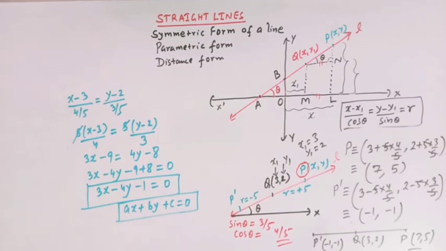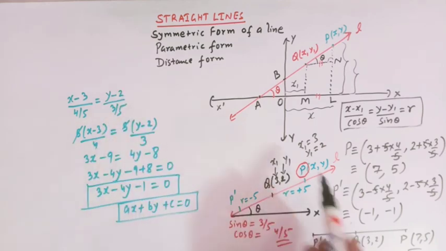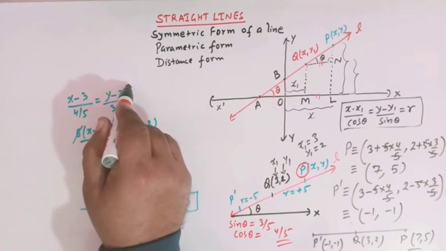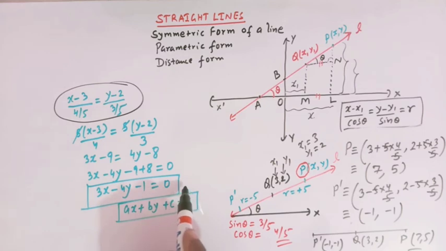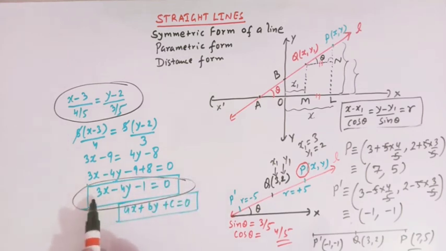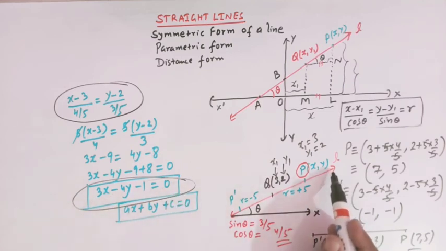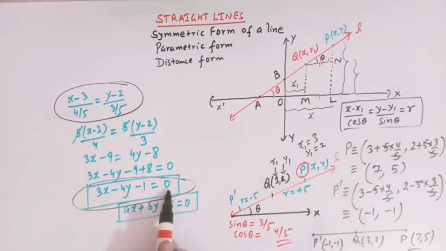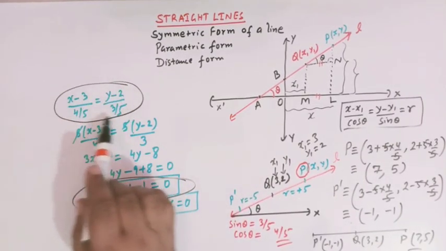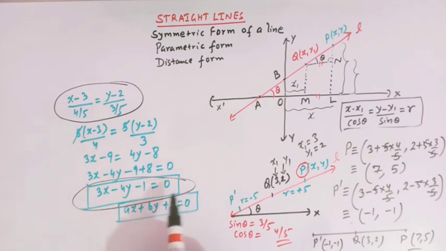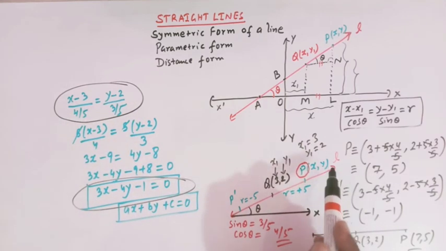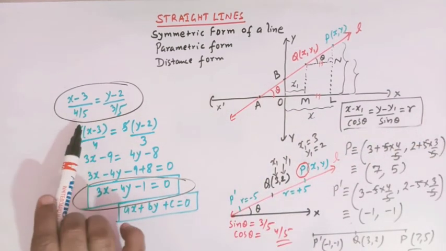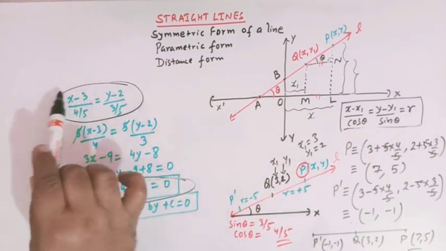And here I would like to mention one more important thing, that see the line L is represented by either this equation or this equation, right? And here the form matters, right? See, when we observe this line as this equation, then this is the general form, right? But when we observe the same line with this equation, that is when we write the equation of this line L in the symmetric form, then this line appears like this, right?